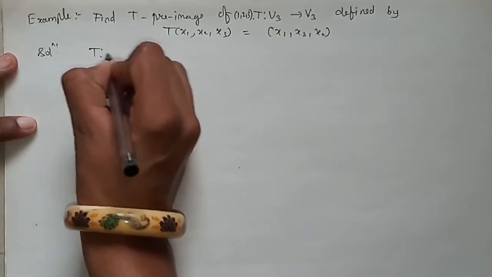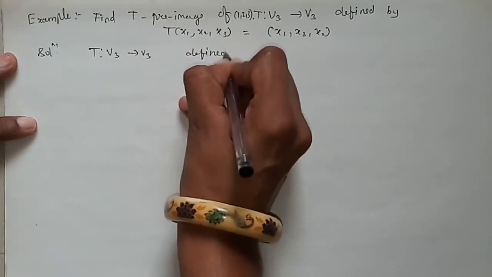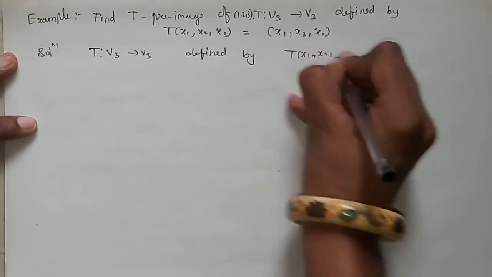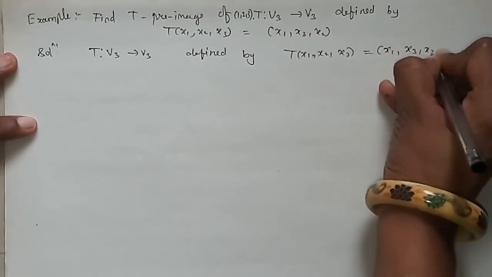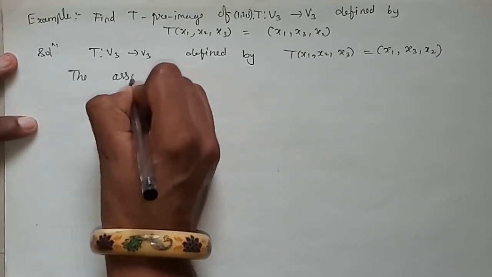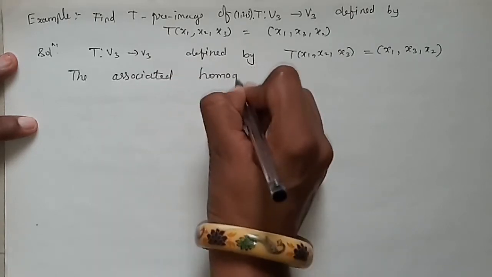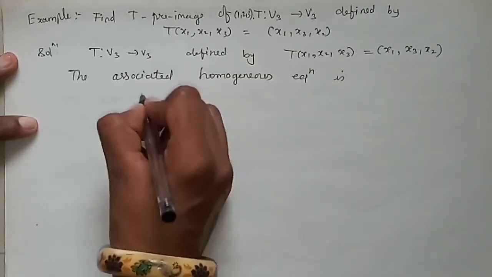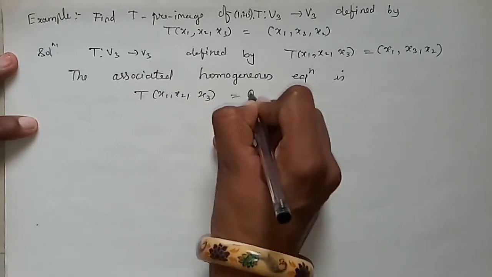Again T is a mapping from V3 to V3 defined by T(x1, x2, x3) = (x1, x3, x2). Now the associated homogeneous equation is T(x1, x2, x3) = theta V3.